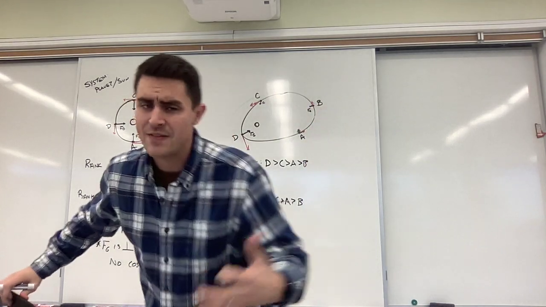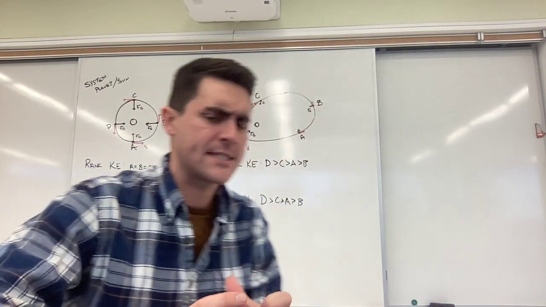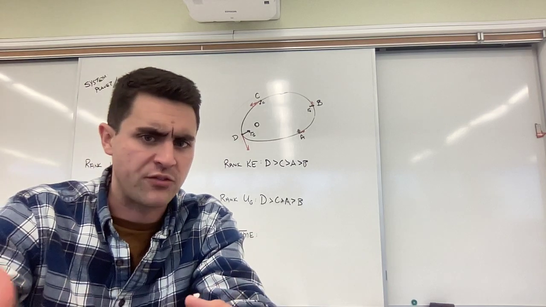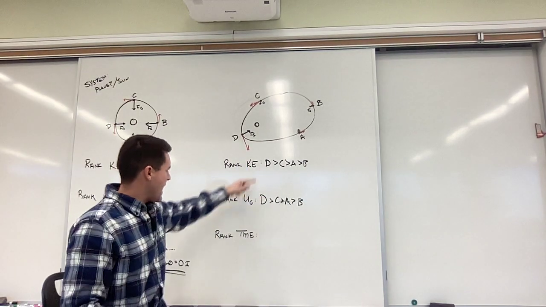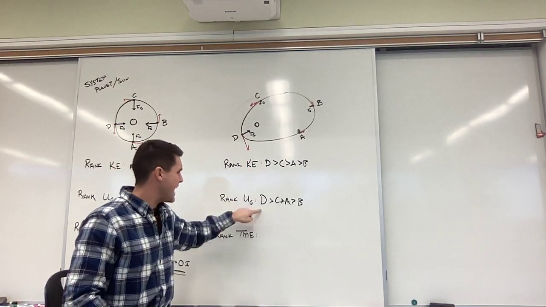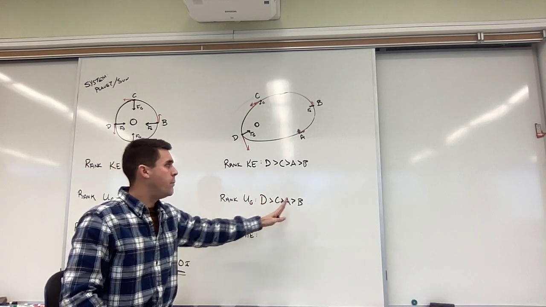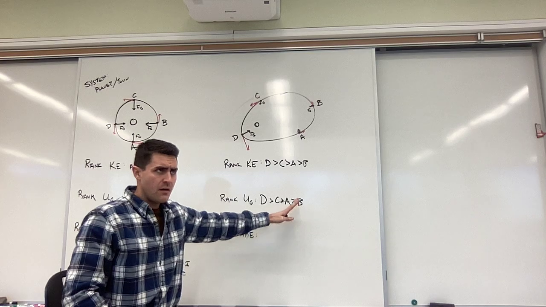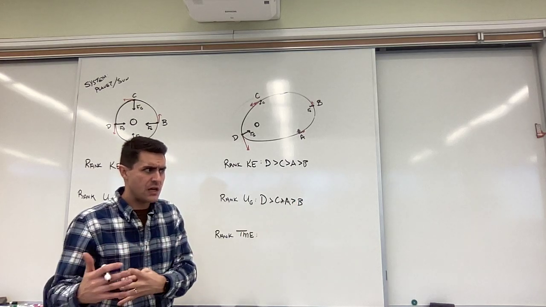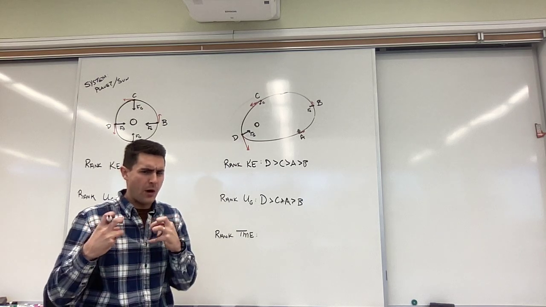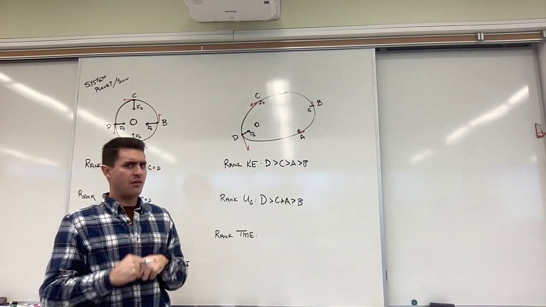All I see is Fg, and that's a conservative force. It's within my system. It's not causing a change in mechanical energy. It's just causing a transformation. But at D, I have the largest KE and the largest UG. And then as I go to B, energy remains conserved, but it equals a smaller number.